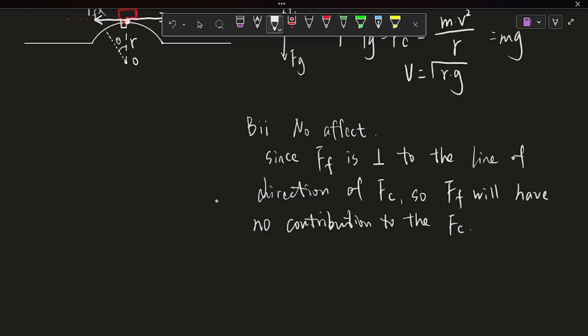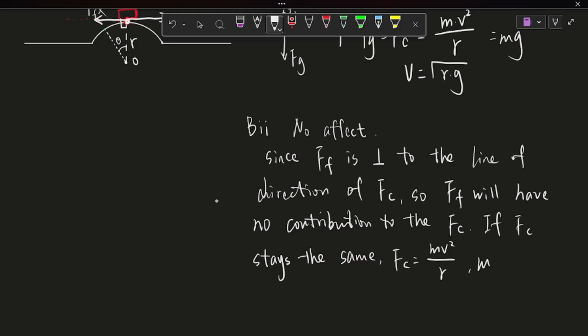And if Fc stays the same, Fc is equal to mv squared over r, right? m doesn't change. We can just write delta m equals 0, delta r equals 0. That means it doesn't change.